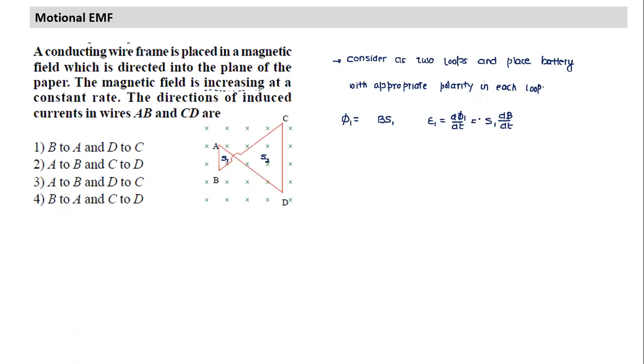So what you notice is EMF induced is proportional to area, which makes sense. Similarly, I can calculate the EMF induced in the second loop. E2 will be equal to S2 into dB by dt. Let's put the first battery and second battery. What is the polarity of the battery I should place in the first loop? In which direction will it try to drive the current? How do we figure out the polarity here?